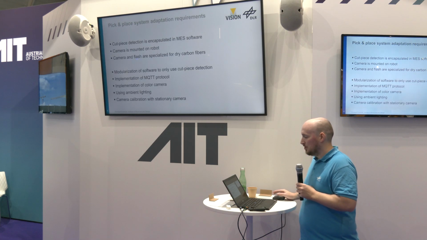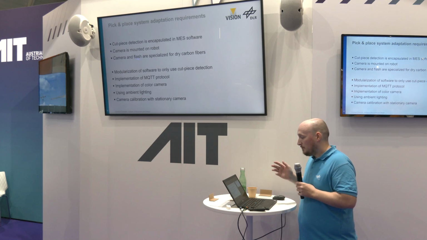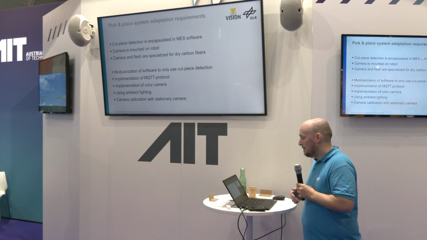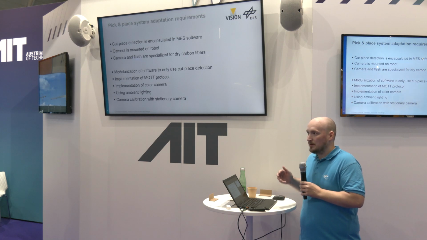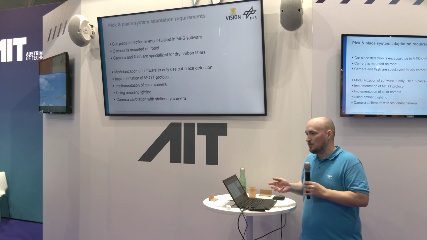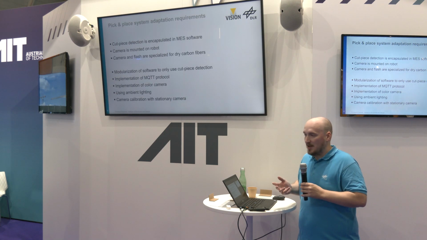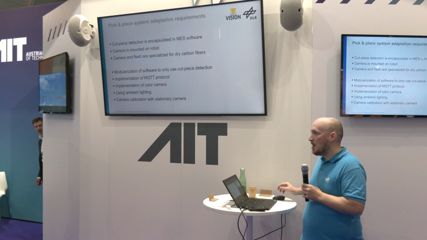Therefore we needed to change some things: we need to modularize the software so that we can only use the computer vision part of it, and implement what we need for our scenario, mainly MQTT, which I will explain later why we did. We needed to use a color camera. So far we only used monochrome cameras, now we needed a color camera. Also using ambient light and camera calibration with stationary cameras that are not mounted on the robot.